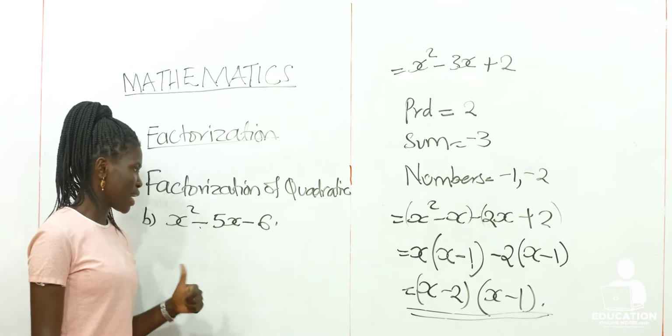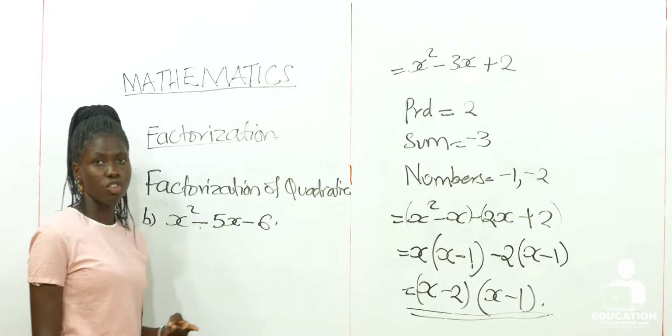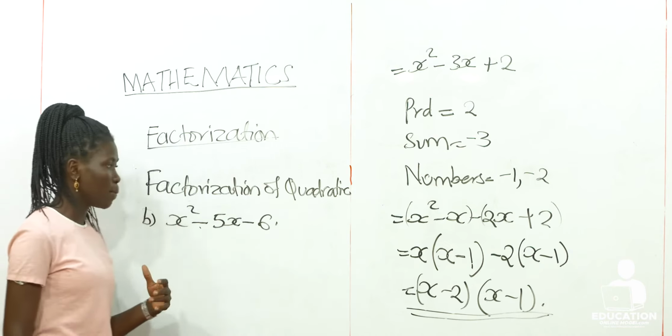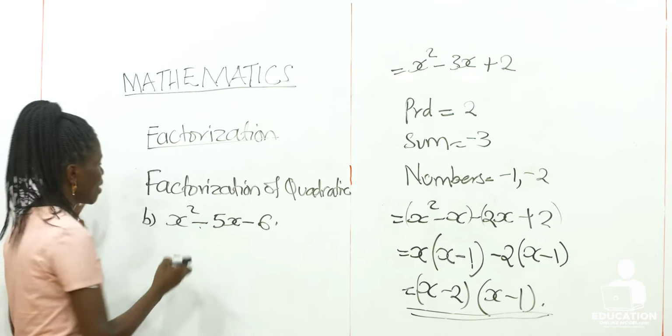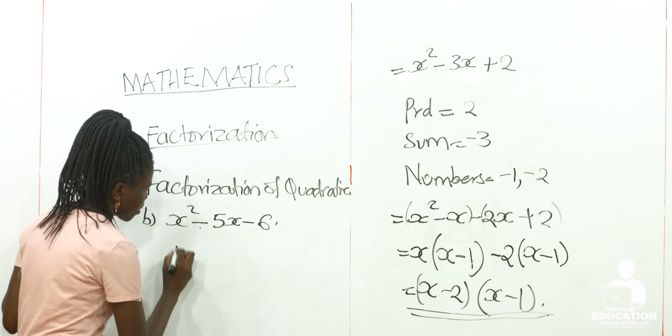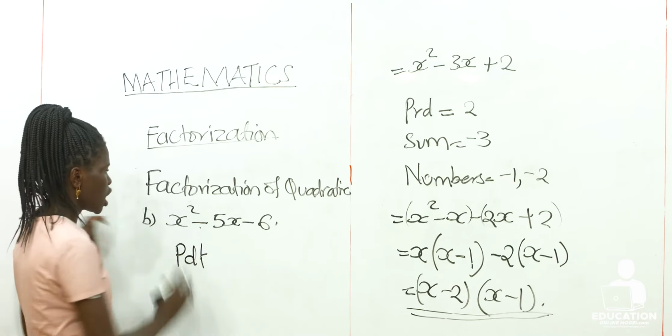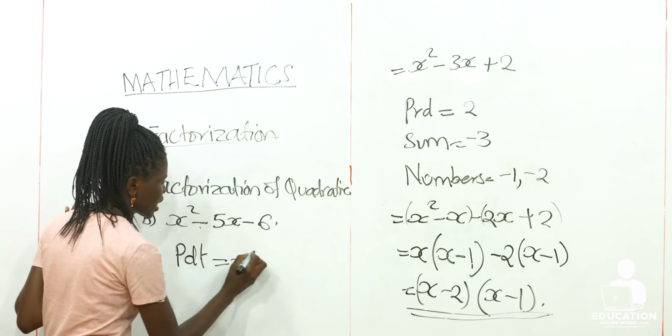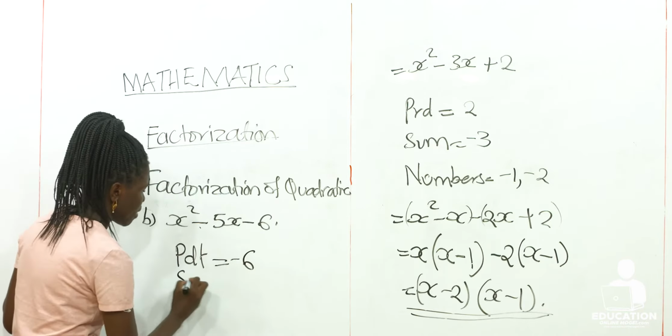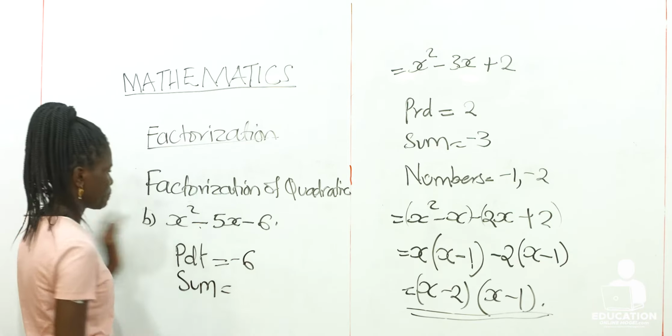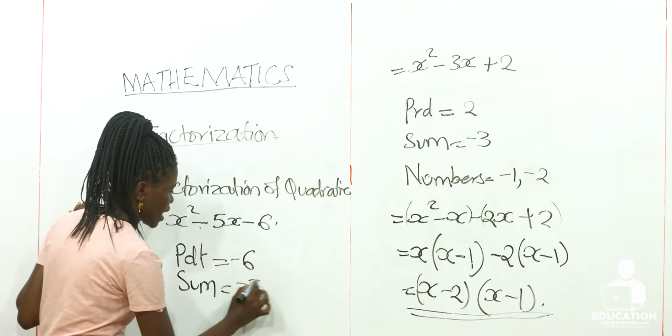First is to get the product and the sum. Then after, we shall get the 2 numbers that will help us to get the product and the sum. So in this case, since our coefficient of x squared is 1, 1 times negative 6 will give us negative 6, and our sum in this case is going to be negative 5.